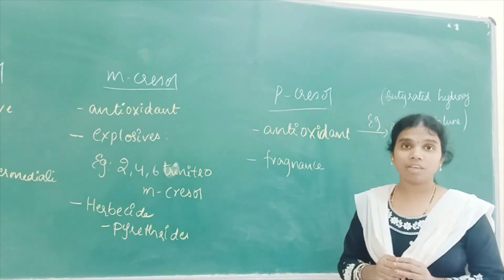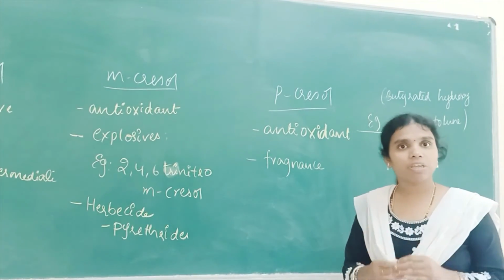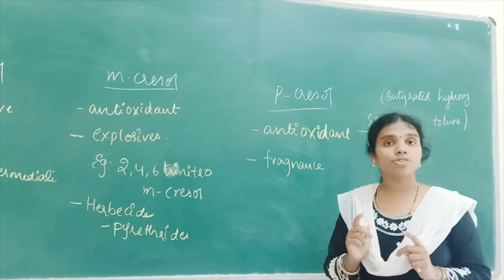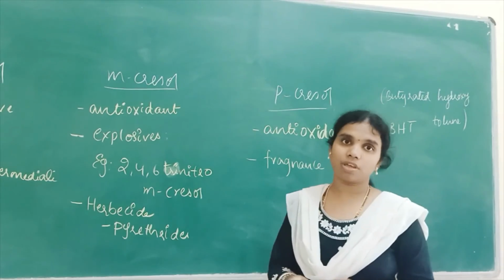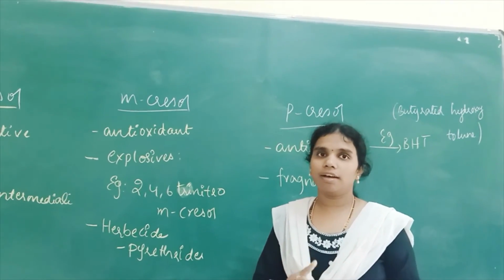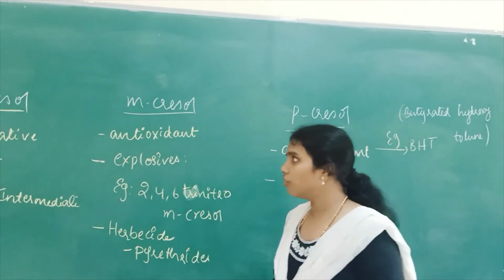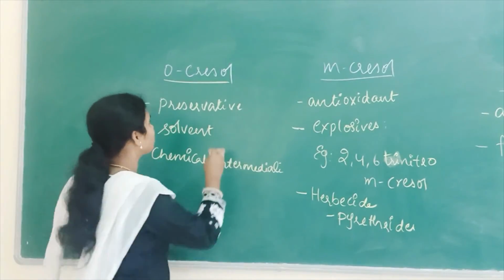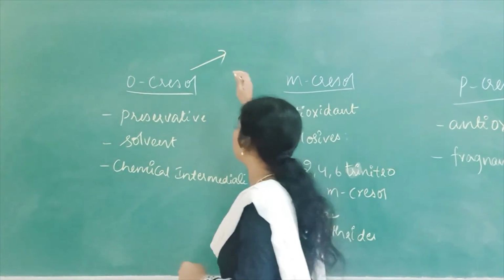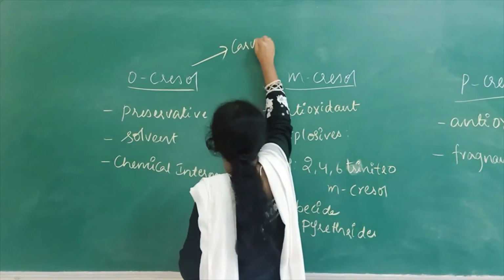When you look at medicinal uses, these cresols are used to synthesize various drug molecules. Let us see each and every drug. Orthocresol is used in drug synthesis. The best example is carvacrol.